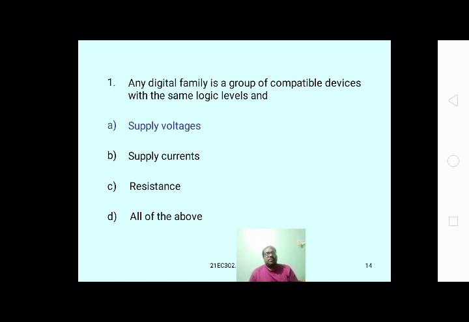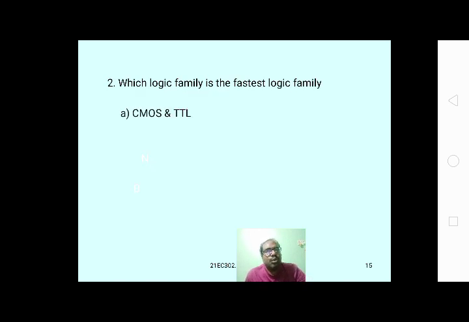First one, please note in your notebook. Next, the second: which logic family is the fastest? ECL is the fastest logic family here, but for ECL the noise margin and noise immunity are very poor.